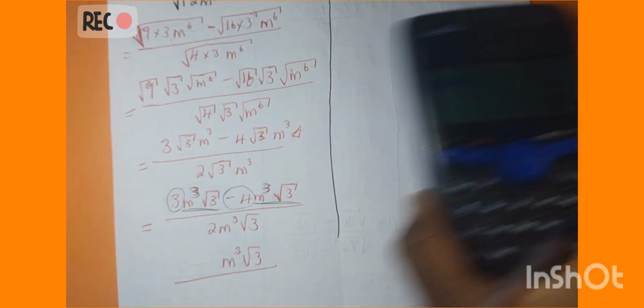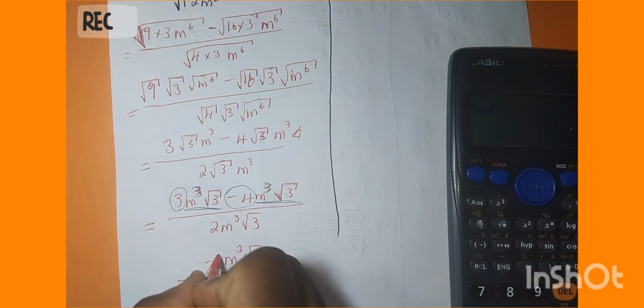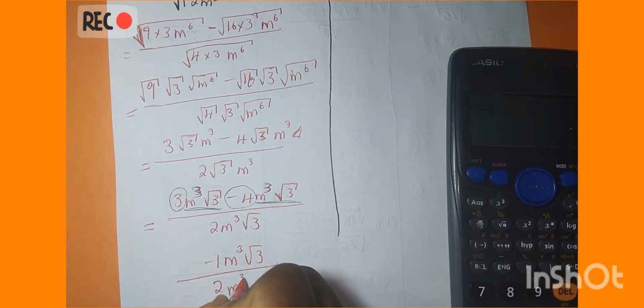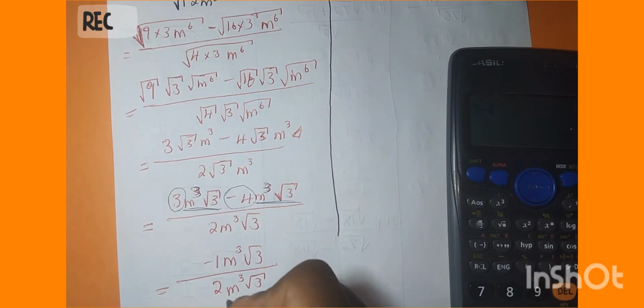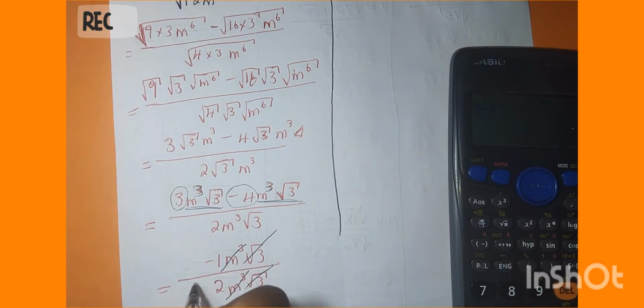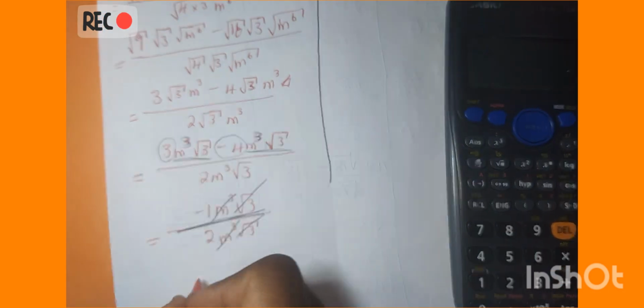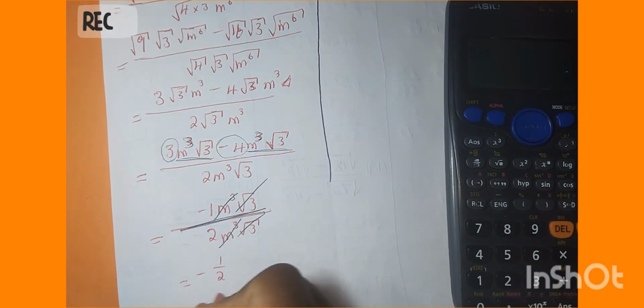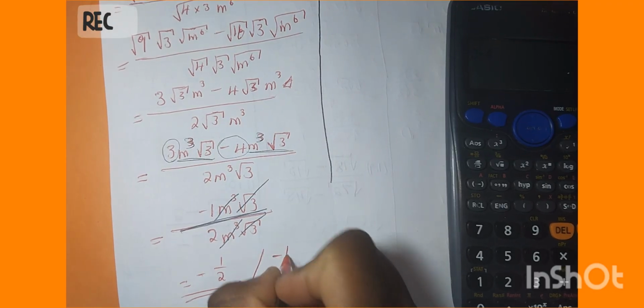This minus that one there, you use your calculator. 3 minus this, you'll get -1. -1, which is 2√3 squared 3. Then this is what will happen. This cancels, because when I divide the same thing, they cancel. Now here's the final answer of this question. That negative, guys, you can even write it here.